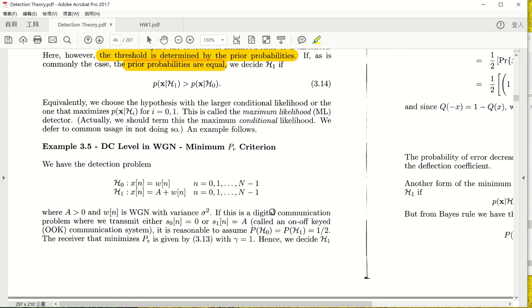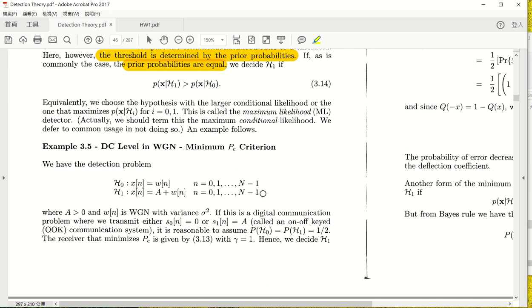If this is a digital communication problem where we transmit either S0 equal to 0 or S1 equal to A, right? Then it will go like this. So this is just to illustrate that mathematical problems usually start with a mathematical model, while in fact it comes from engineering scenarios.